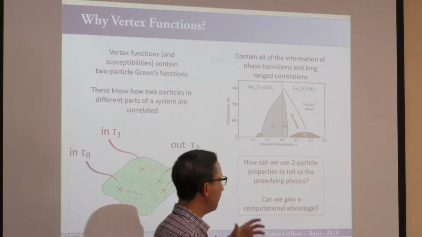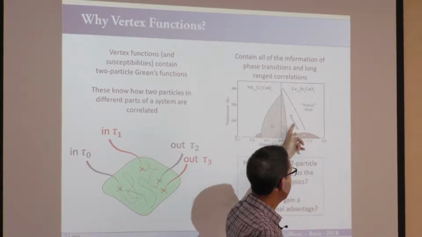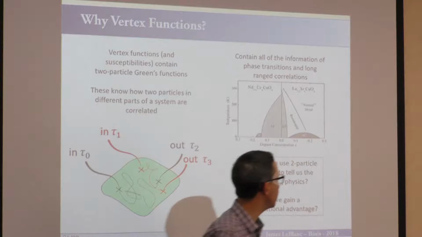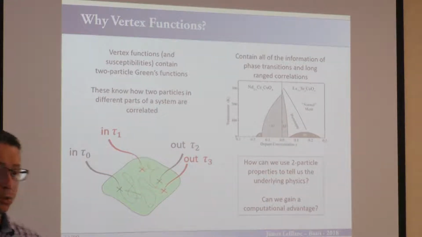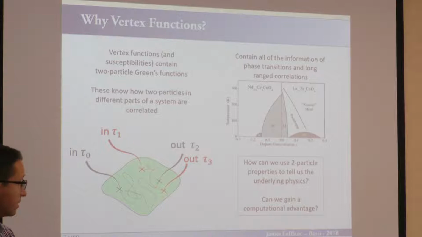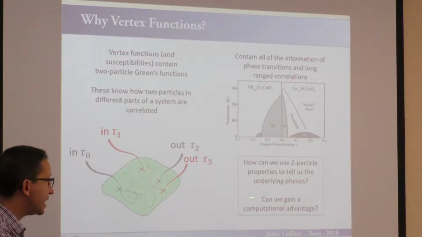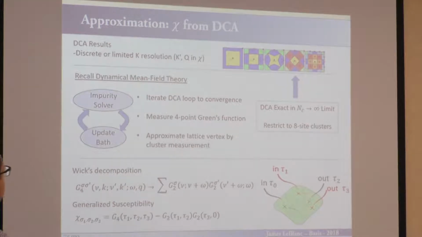But the physics that I want to go after right now is this weird pseudogap line that extends before we get into some sort of metallic phase. So the goal right now is to see how we can use two-particle properties to tell us the underlying physics in the system. And what are our tools that give us computational advantage in doing that?